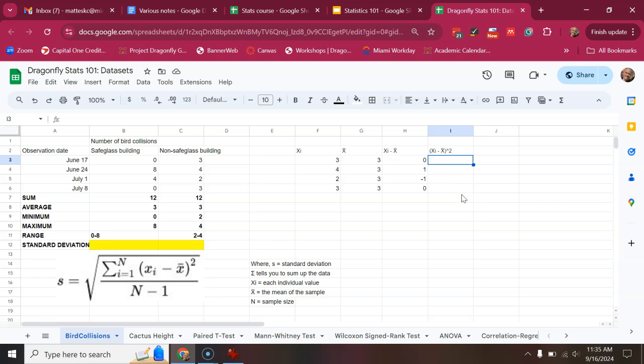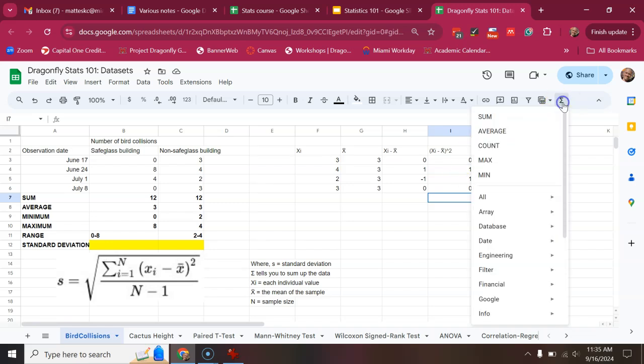So that's why we're going to square it. So we hit equals, and then I hit the data point first, and then shift and 6, which gives me this little symbol to square that value. And I can drag that down. So now I've squared 1 and I have 1. I've squared -1 and I have 1 as well.